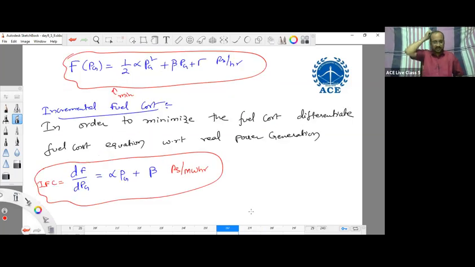So incremental fuel cost means what? The objective is to minimize the fuel cost, so differentiate it with respect to power generation. That gives the incremental fuel cost. The unit of fuel cost is rupees per hour.